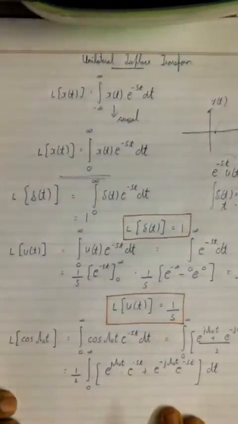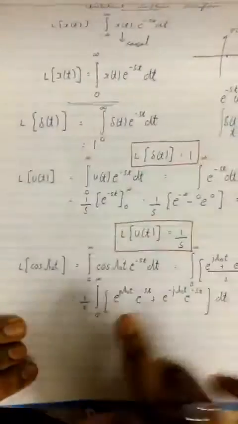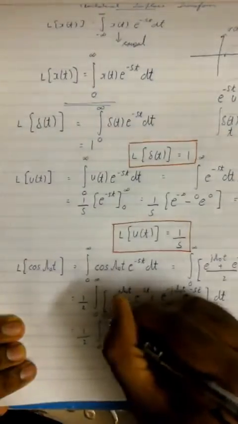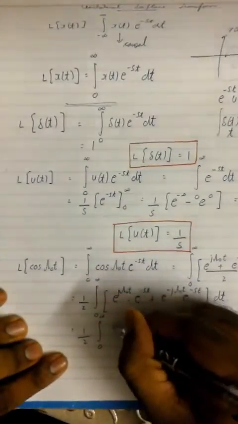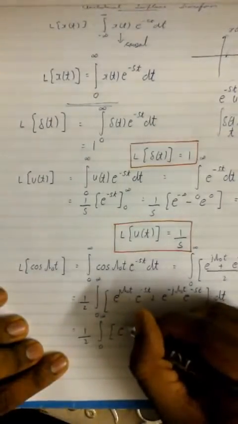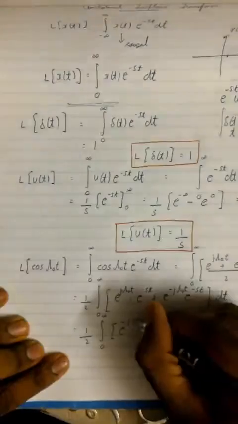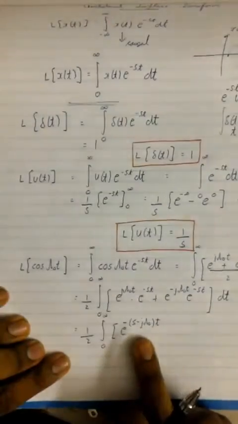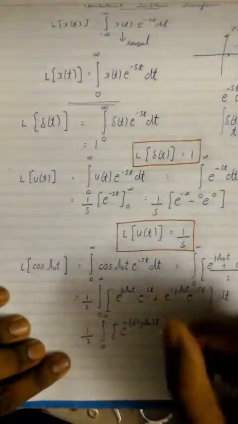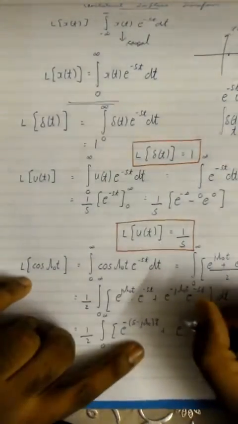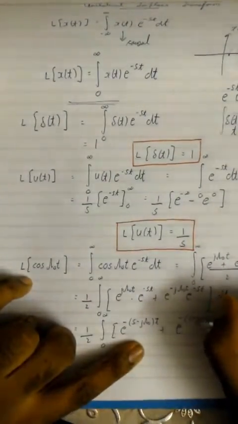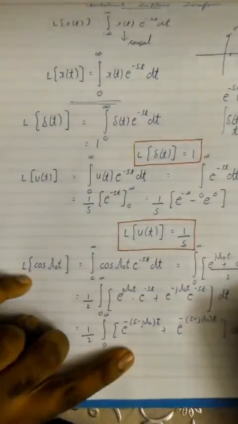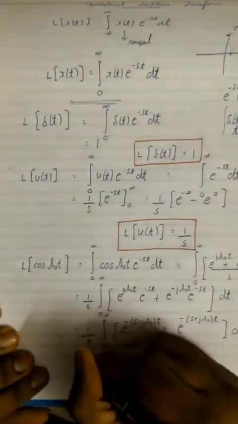Now I can combine these two exponential functions together. 1 by 2 integral 0 to infinity e raised to minus of s minus j ohm 0 t, and here also I can write it as plus e raised to minus of s plus j ohm 0 t dt. Okay, so now I am going to integrate both of them.